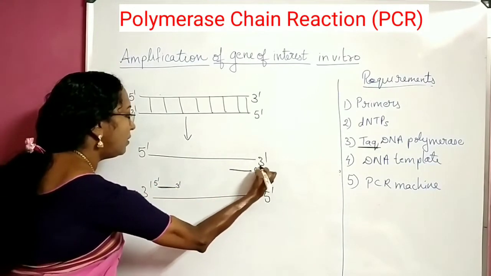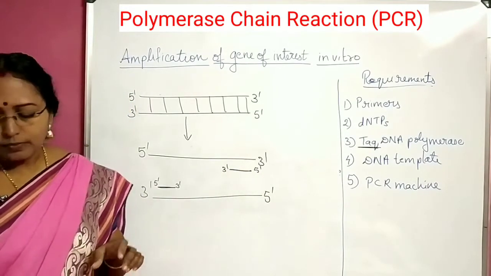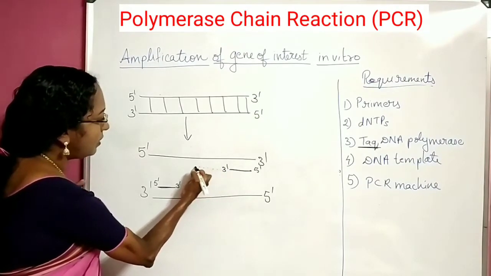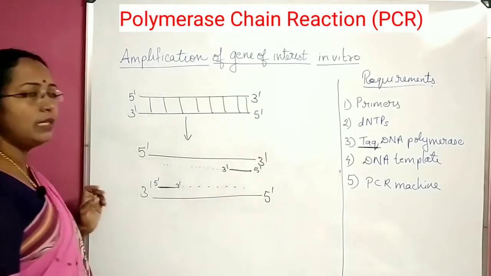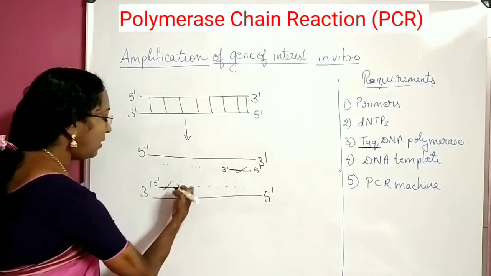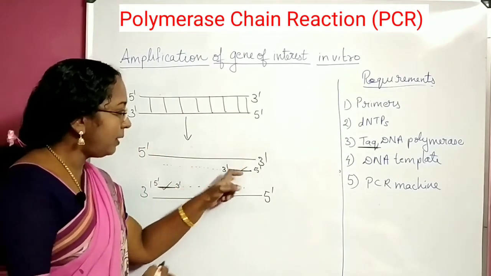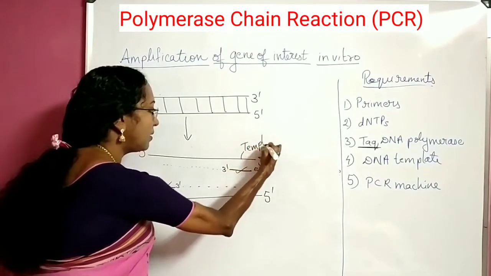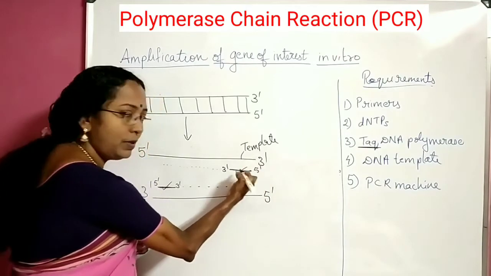Here also it will begin with a 5' and end with a 3'. So now our dNTPs can be added like this in both cases and it will extend. So the primer is added at the beginning, towards the 3' end of the template strand.